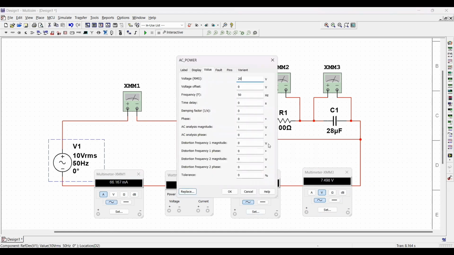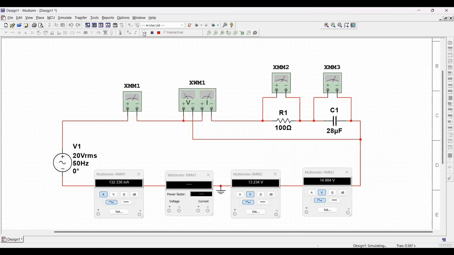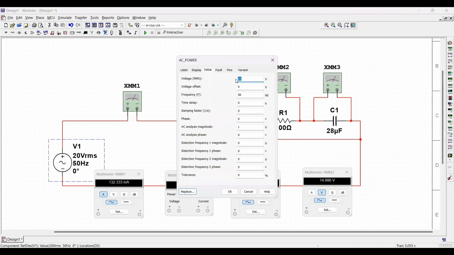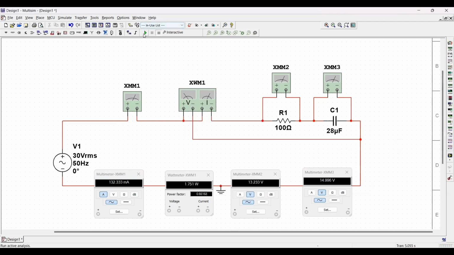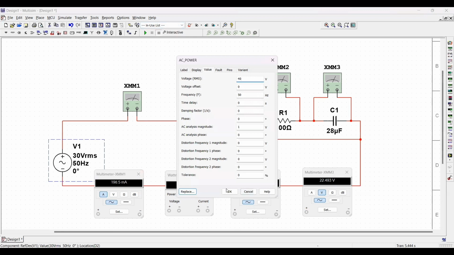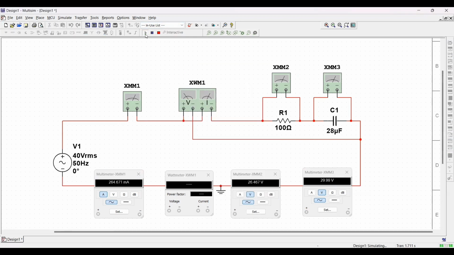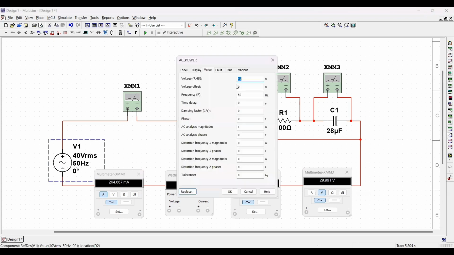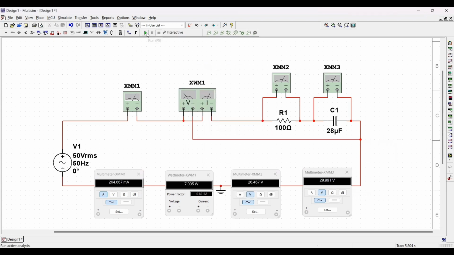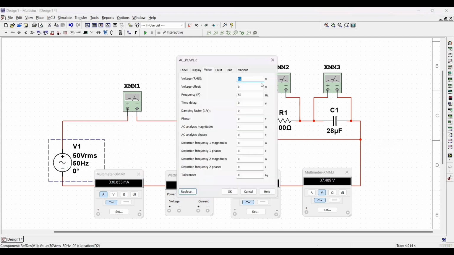And then we choose 20 volt, and this is the result for 20 volt, and then 30. This is the value for 30, and then for 40, and then for 50, this is the result for the 50 volt.